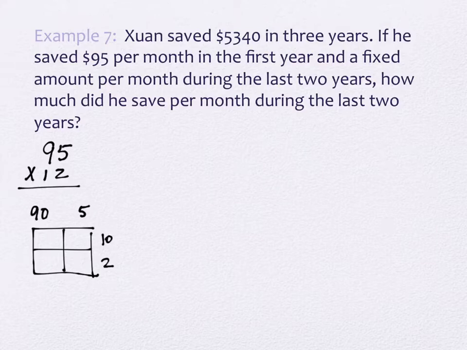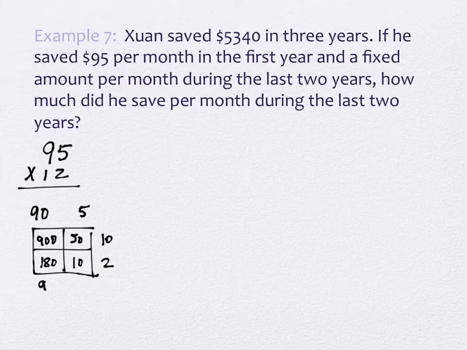What's 90 times 10? 900. And then what's 5 times 10? 50. 90 times 2? 180. And then 5 times 2? 10. And then what would I do with all of those numbers inside? I would need to add them up.